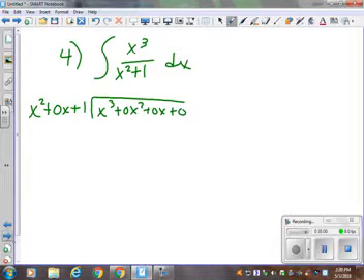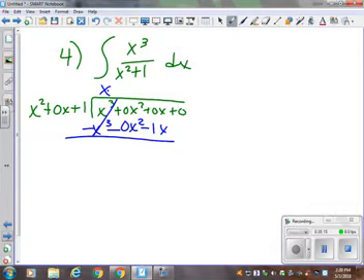So how many more x's will it take to make it cubed? 1. X times x squared is x cubed. X times 0x is 0x squared. X times 1 is 1x. Change the signs and add. These drop out.